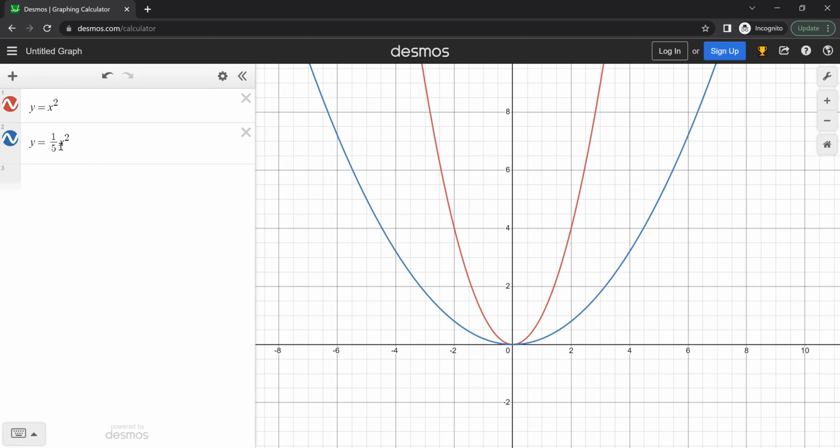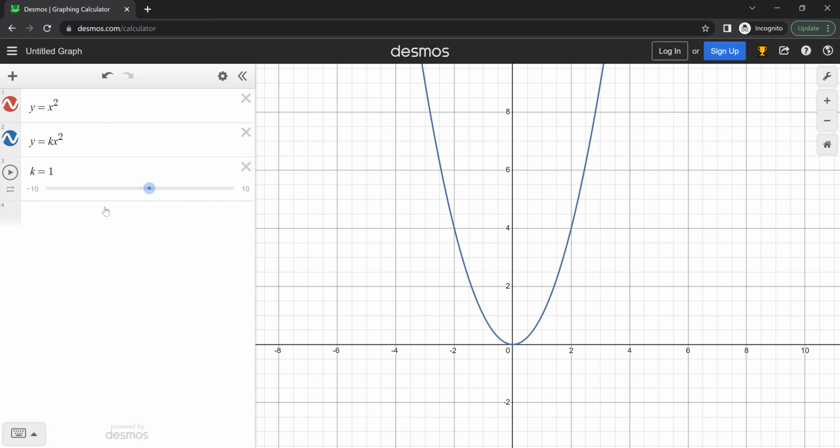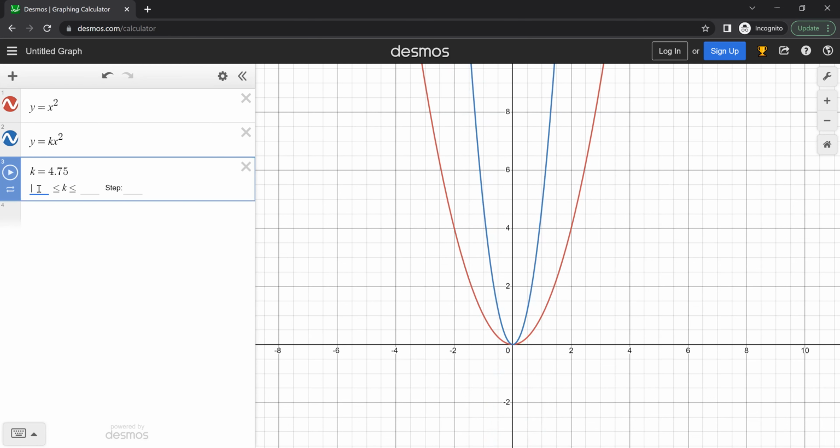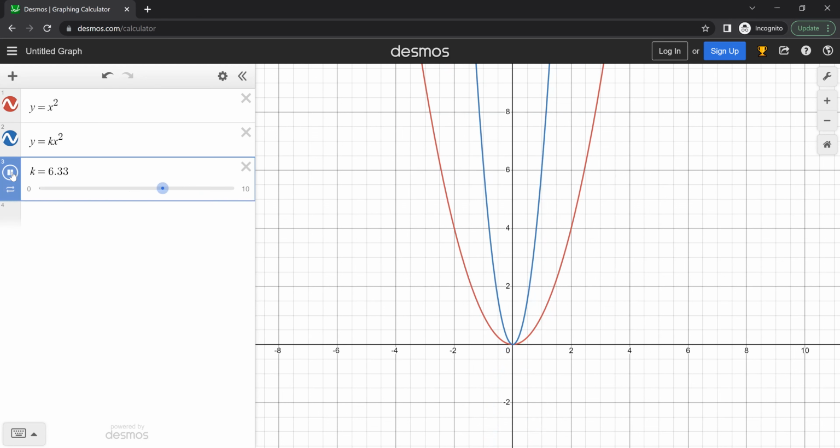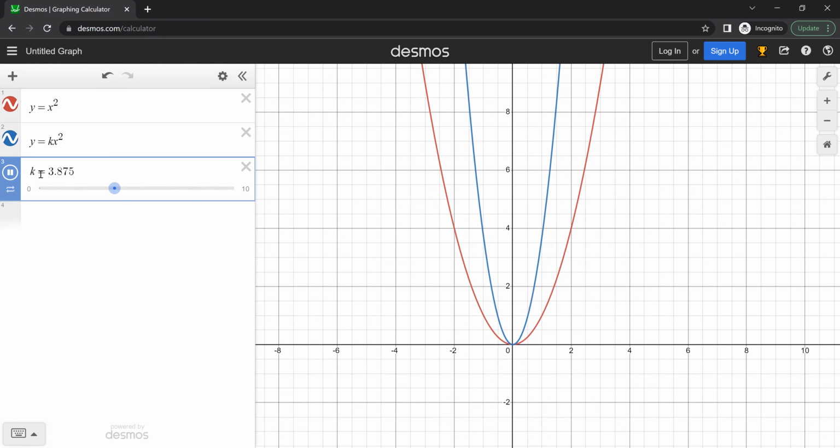And we're going to add a little slider here. We're going to hit the play button. Tell me what you see. Narrower, and then wider and goes down. Actually, I didn't mean to go negative. Sorry about that. So it gets narrower, and if you freeze it right on 1, which is really hard to do, they're the same, and then it gets wider and so on.